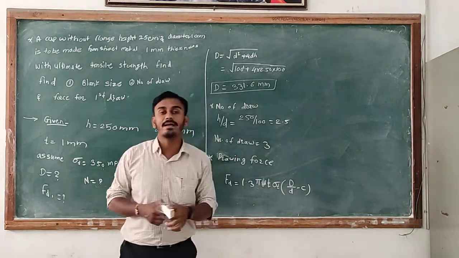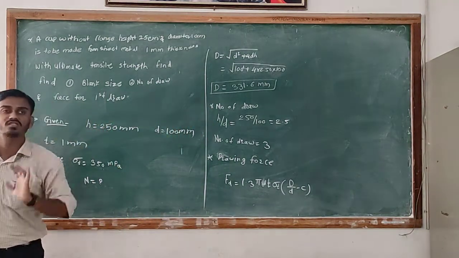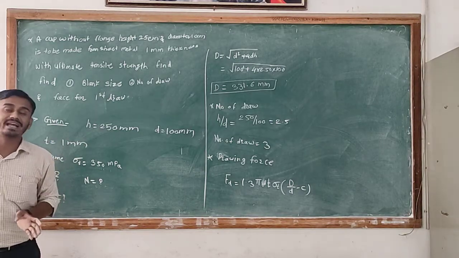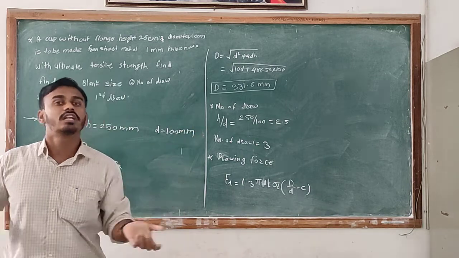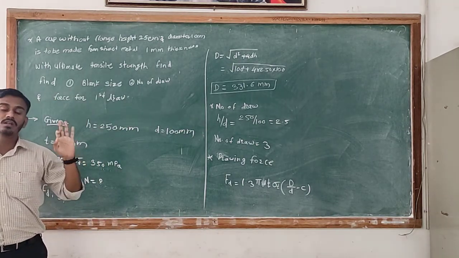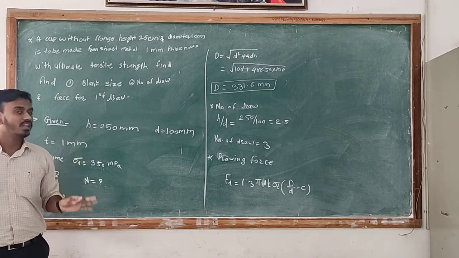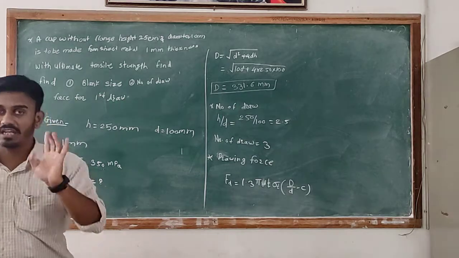So what is the diameter of the blank after the first draw? While discussing the deep drawing process, we discussed that if the number of draws is 1, then the percentage reduction is 40%.